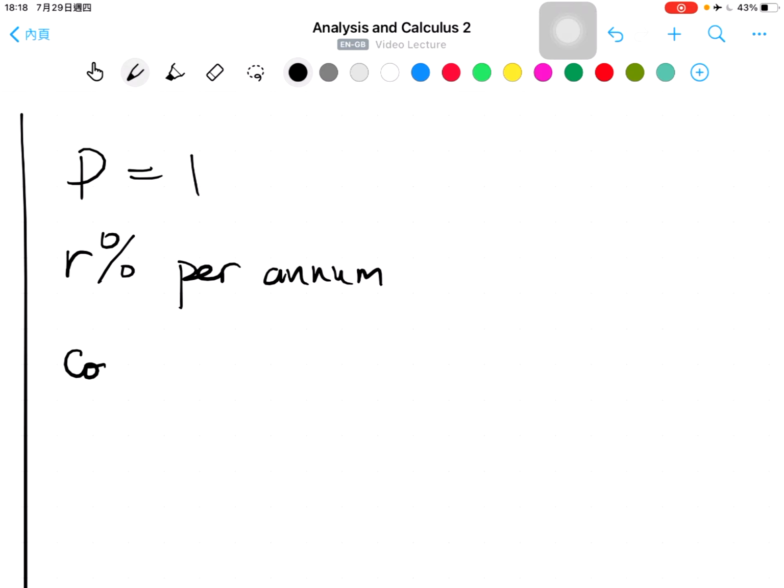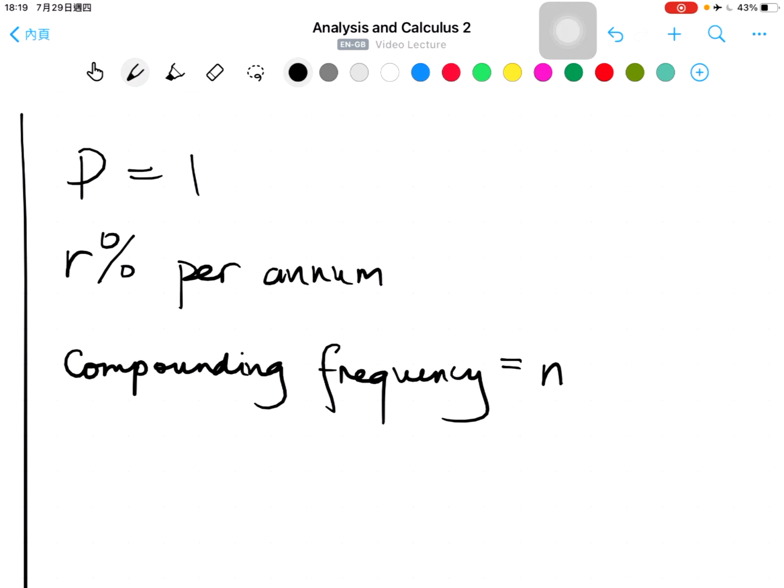And then the compounding frequency, I'm gonna say it's n times a year.